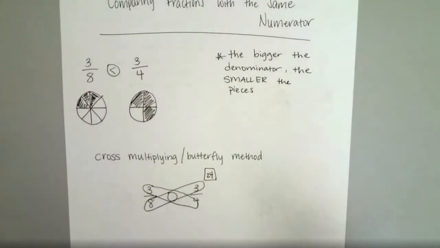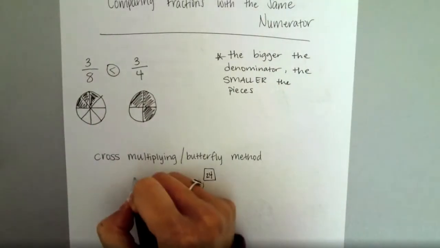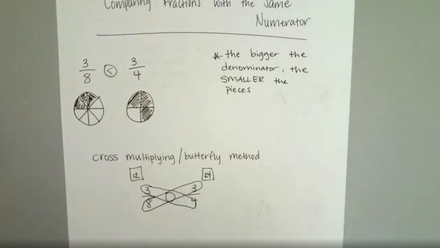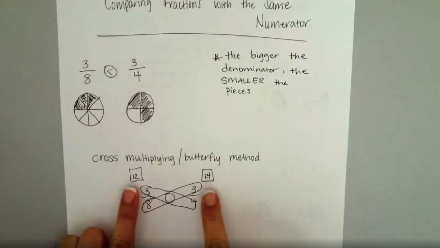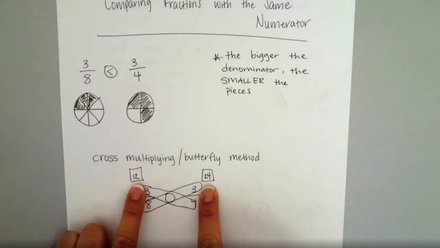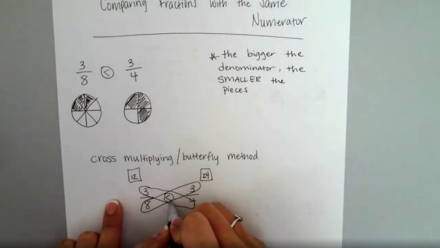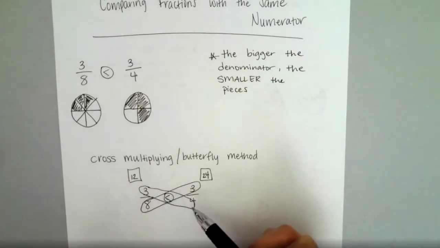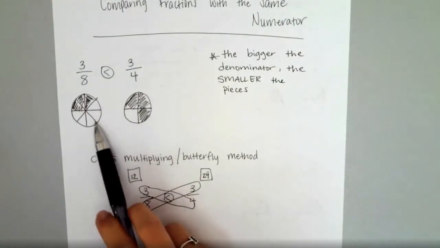And again, knowing my multiplication facts, I know that 4 times 3 is going to give me 12. And I'm also going to box this number in. Okay? So then you can take these products and you can compare these products to tell you which number is bigger. So 24 is bigger than 12. So I know 12 is less than 24. Or 3/8 is less than 3/4, which is what we had up here.